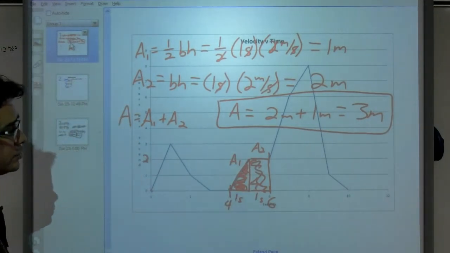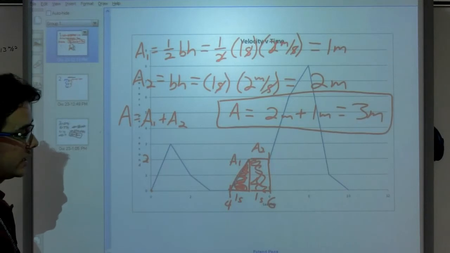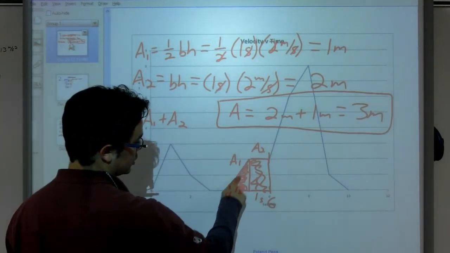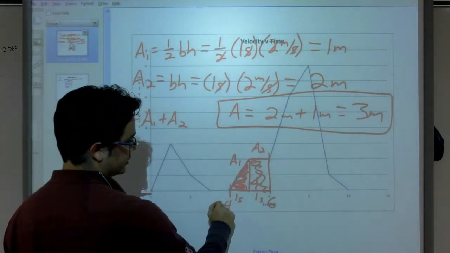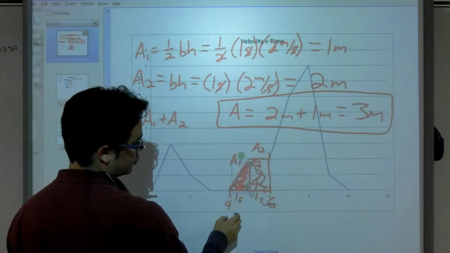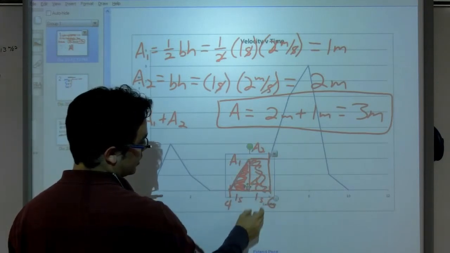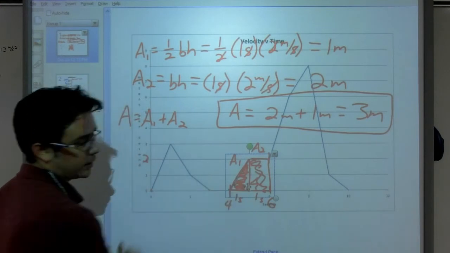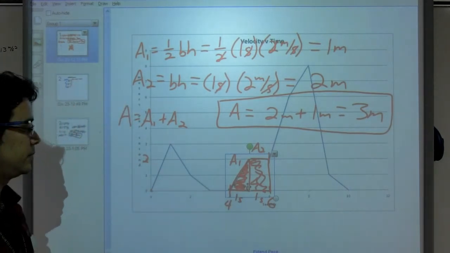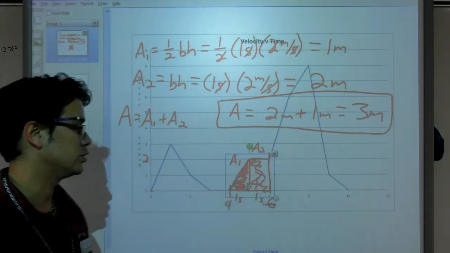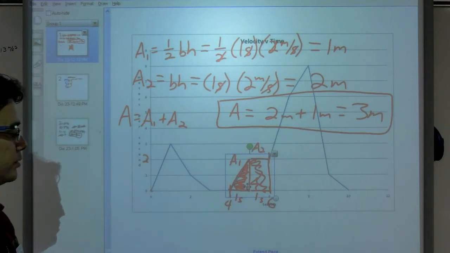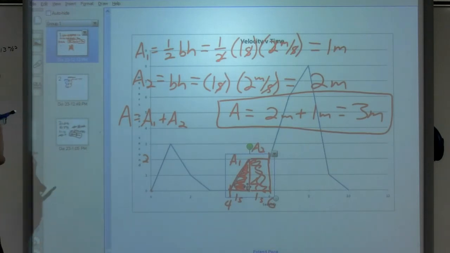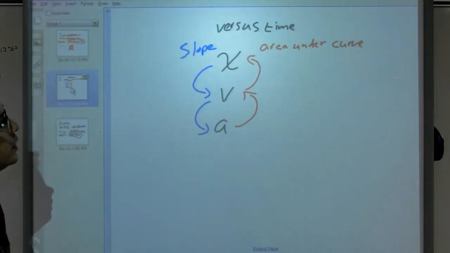I'll leave that as an exercise for you, and then that way you can check it out. You can apply it, because in this region, we have a constant slope, so a constant acceleration. You can find the displacement in our triangle area, and you can do the same over here with the rectangle with a constant acceleration. And in fact, because that's a flat line, we know that our acceleration is equal to 0, because it's the slope. Okay? So that is applying what we know here, our graphical kinematics, on a kinematic graph.